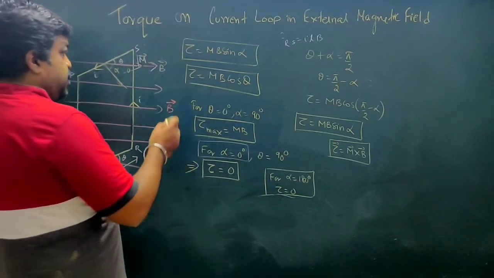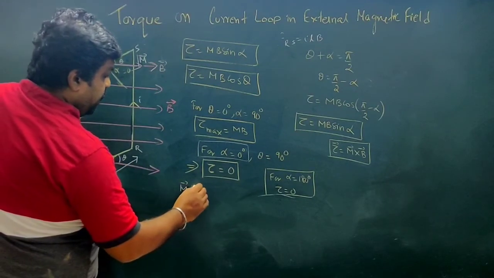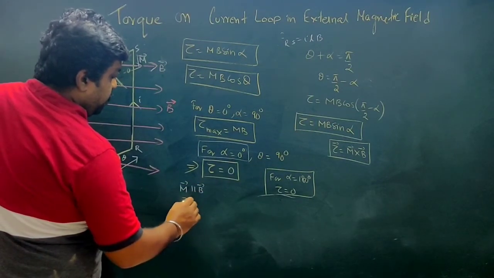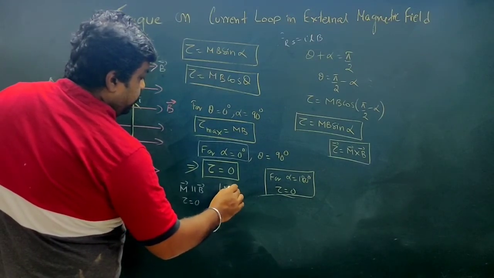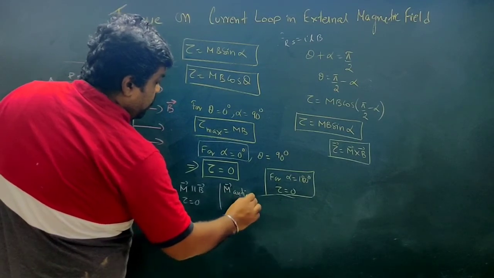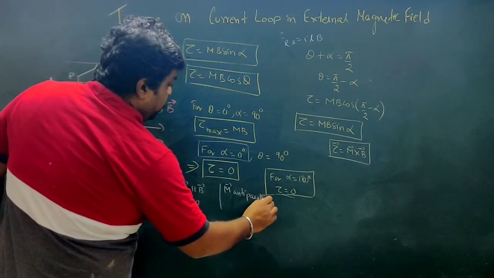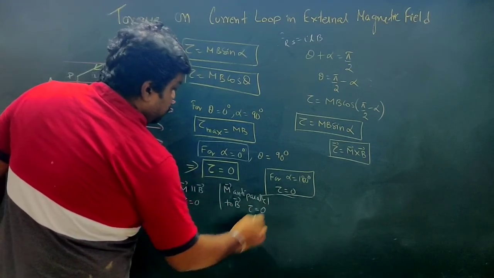When alpha is 0, that is M parallel to B, torque is 0. M anti-parallel to B, here also torque is 0.